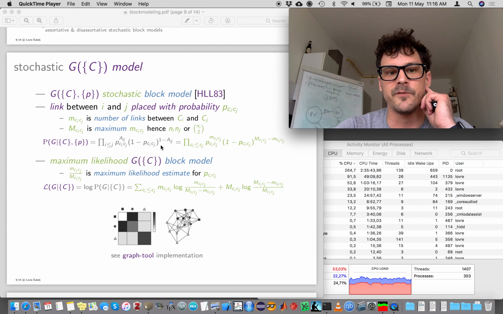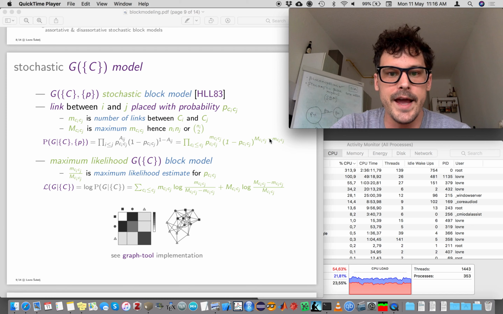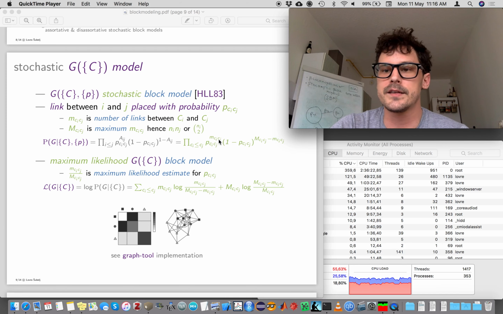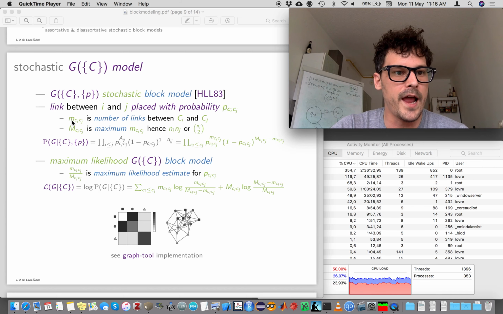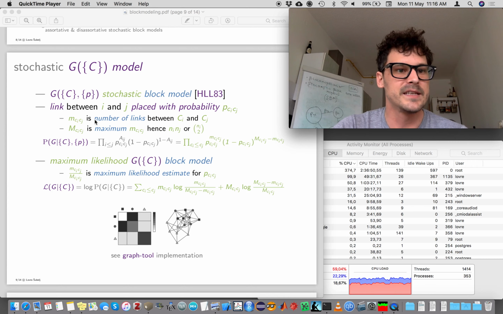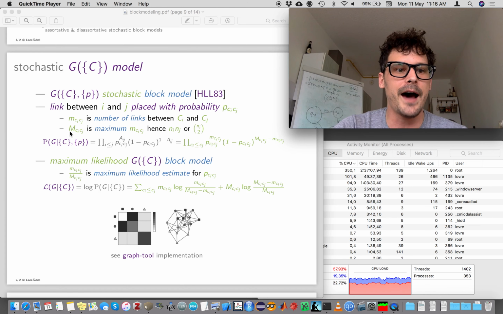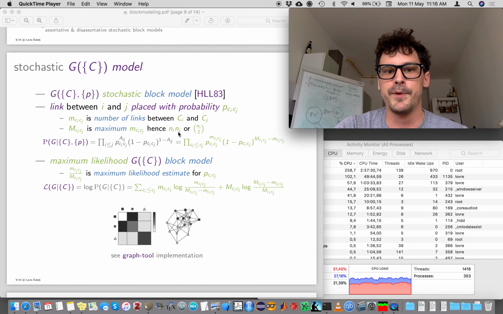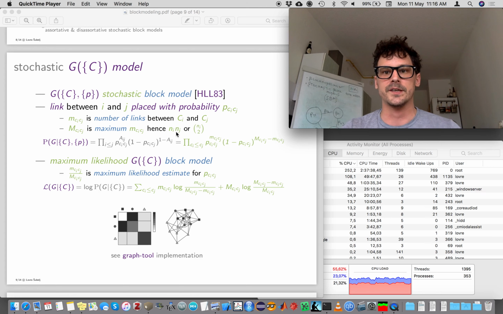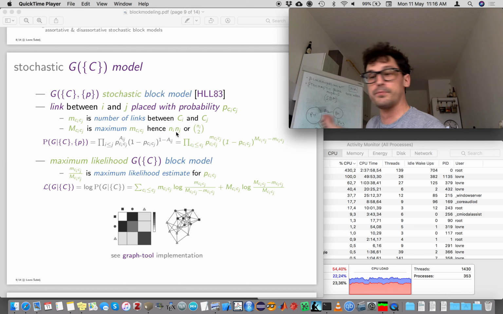You can also write the formula not over all pairs of nodes, but over all pairs of groups or clusters, and you come up with this formula. Here are some new terms. Small n with subscripts that correspond to group labels is basically the number of links between groups i and j, and let large M denote the maximum possible value of small n, which will be the product of the sizes of the groups where i and j are, if these two groups are different.